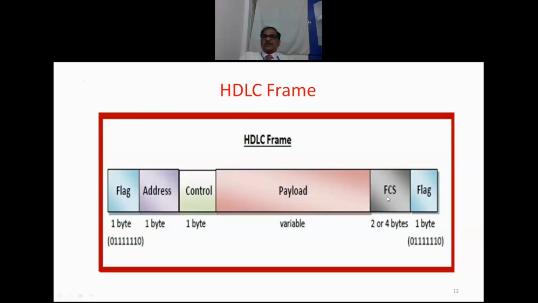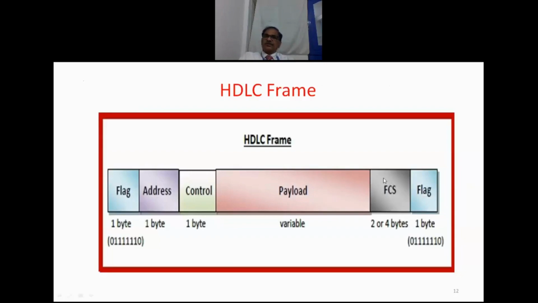So that after receiving, the data will again be computed for the checksum. Then that checksum and this will be compared, to see whether there is any mismatch or not. If there is a mismatch, whatever is received has some errors. No mismatch, no errors. For that purpose, this frame check sequence is being used.